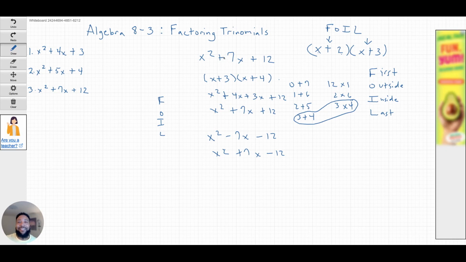So in the next video, I'm going to show you how to factor trinomials that have negative numbers in them and sometimes are mixed with negative and positive numbers. These are all pluses, which give you that easy way to look at just multiplying and adding two numbers in order to get your trinomial. But in the next video, I'm going to show you how to do it with a mix of negative numbers and positive numbers.